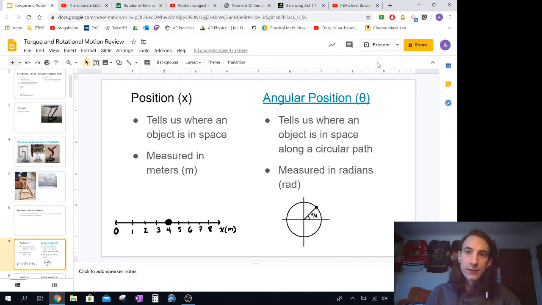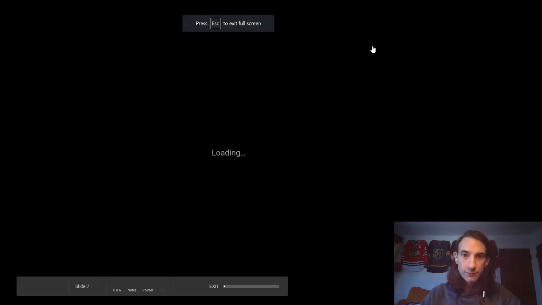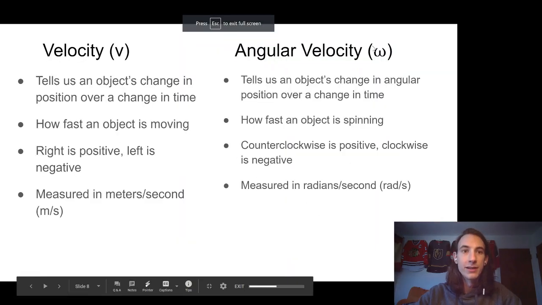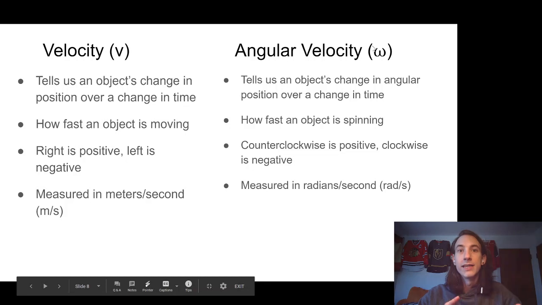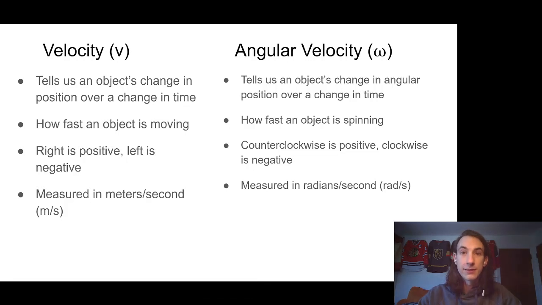And then stuff starts to get interesting when we change that position. So when we changed linear positions, we said, okay, well, this change of linear position has this velocity that's associated with it. And we said v is our velocity, and it tells us an object's change in position over a change in time. Or in kind of more common terms, how fast is our object moving?